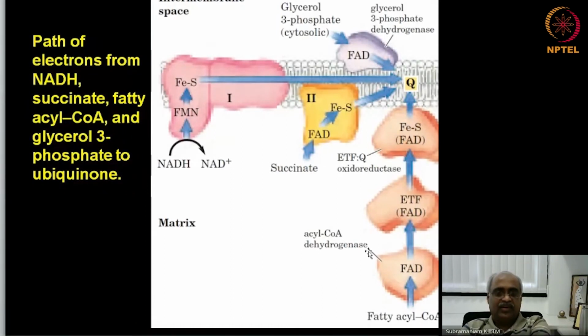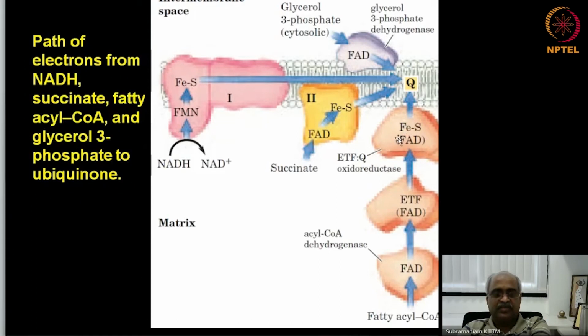So this is the first enzyme of that fatty acid breakdown, acyl-CoA dehydrogenase. That is an FAD containing enzyme that transfers electrons to the intermediate electron transfer protein, ETF, and that is also an FAD containing protein. It is transferred to that, and that then transfers to this ETF-ubiquinone oxidoreductase.